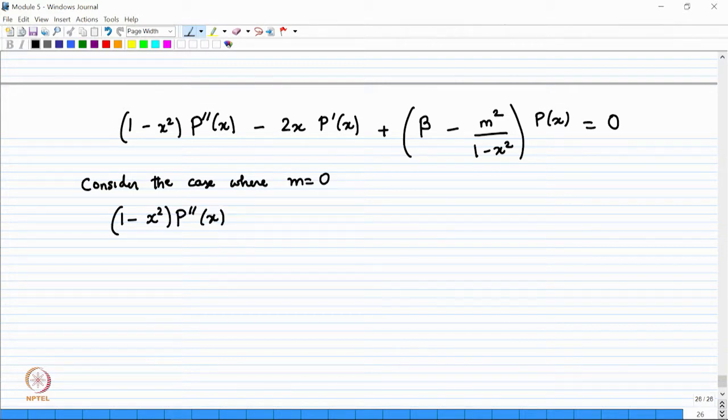p double prime of x minus 2 x p prime of x plus, sorry, plus beta p of x equal to 0. What we are going to do is let beta equal to alpha times alpha plus 1. You can always write beta in this form, since beta is some real number and alpha is also a real number.